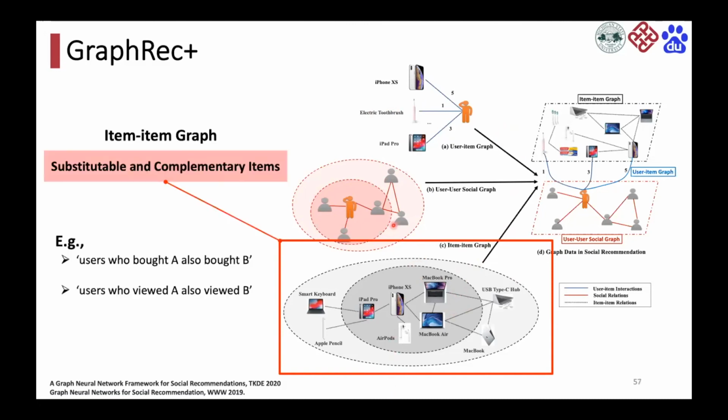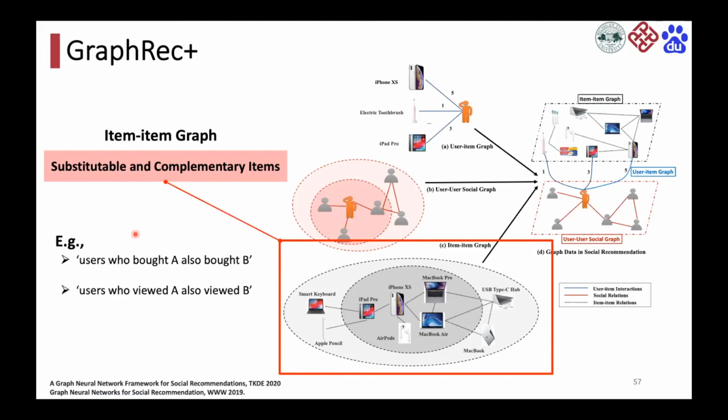The answer is yes. We introduce a model called GraphRec Plus, which was proposed in TKDE 2020. In this work, they further consider substitutable and complementary items to enhance the item representation learning in social recommendation scenarios.